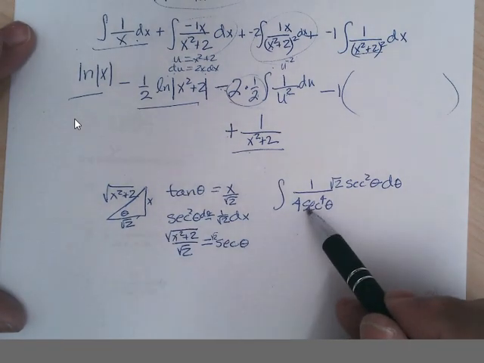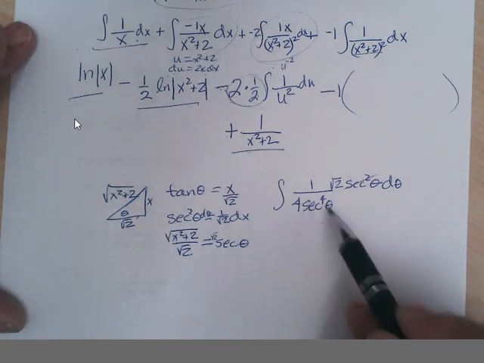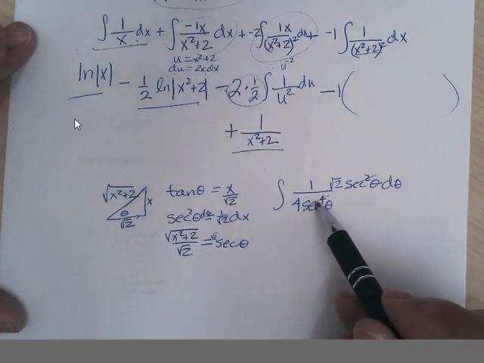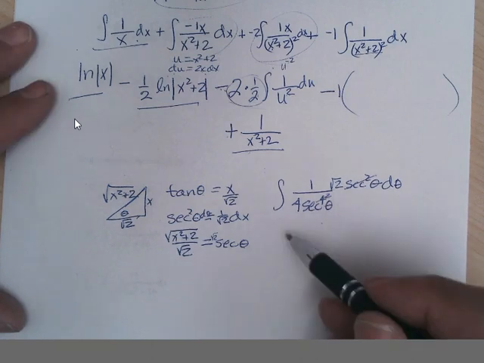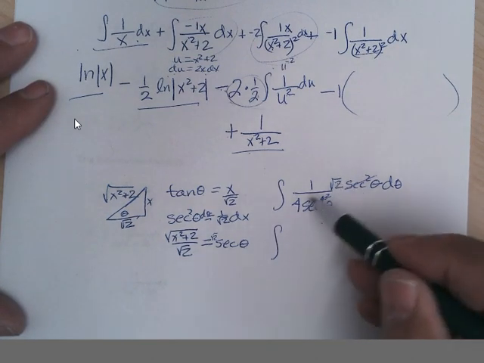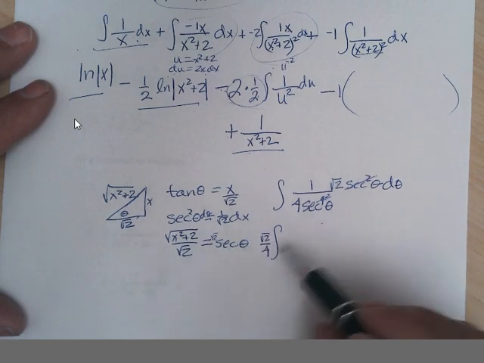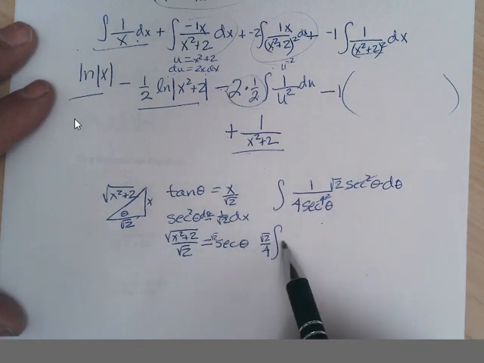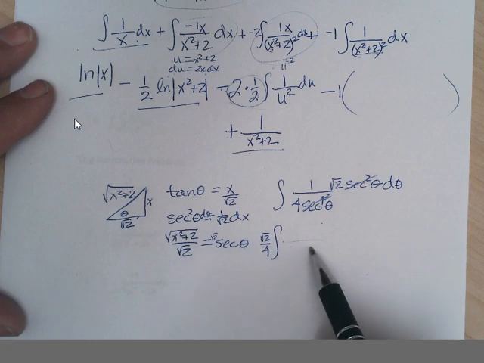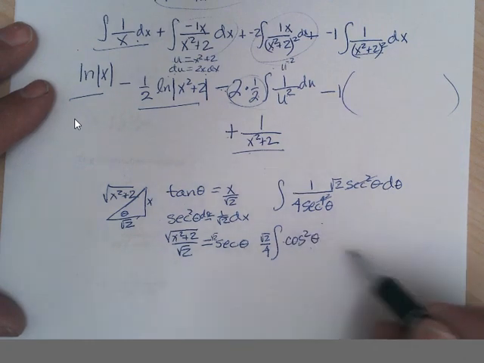And this secant squared cancels 2 of these and leaves the secant squared in the denominator, which would be, I can pull out the square root of 2 over 4, and I get a secant squared in the denominator, which is cosine squared theta in the numerator.